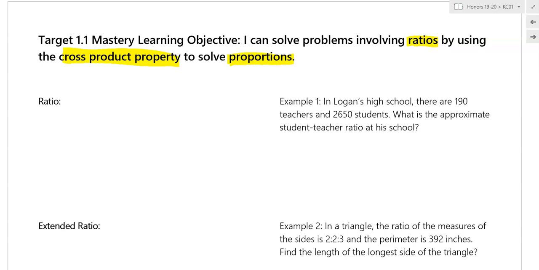So the first thing we're going to look at is what is a ratio. A ratio is a comparison of two quantities. So again, it's a way to compare the amount of two things.